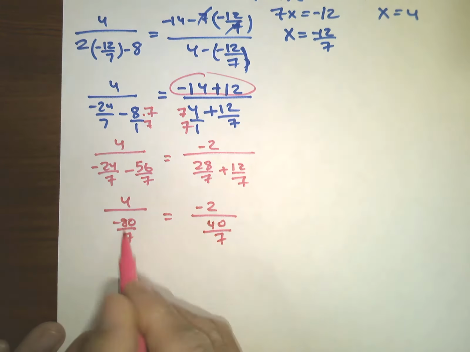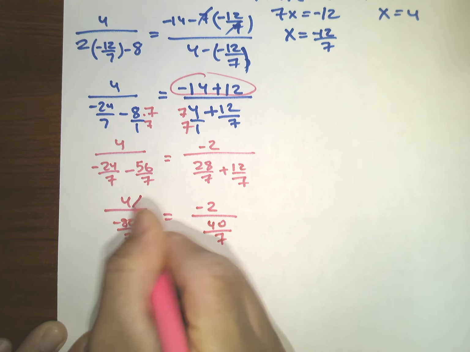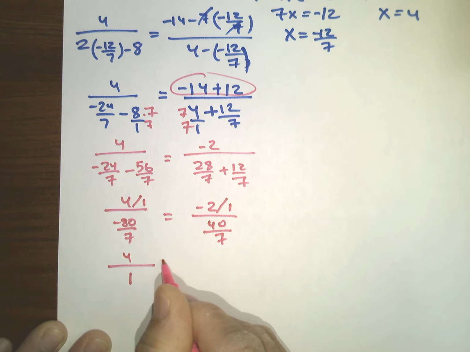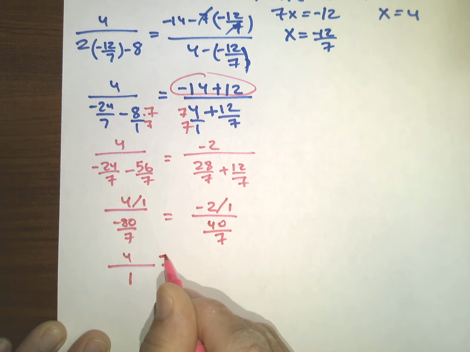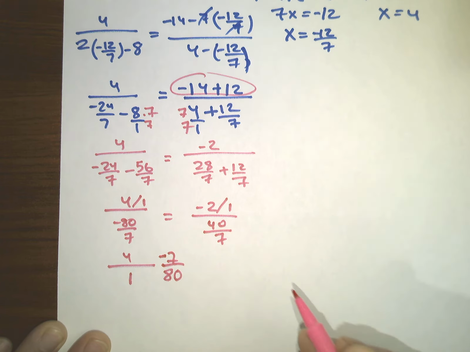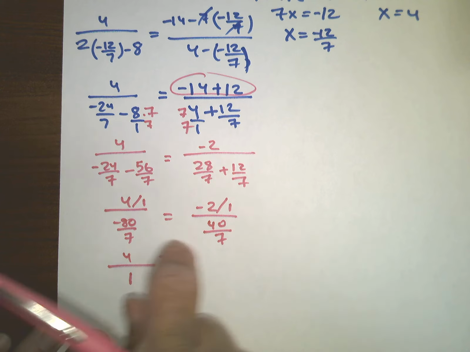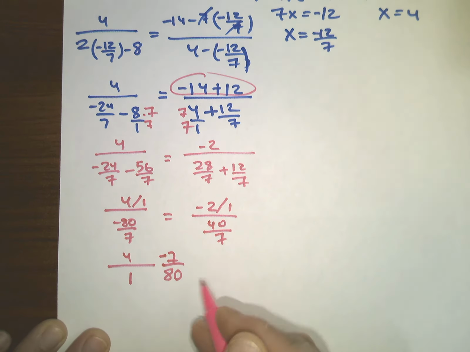Now here I multiply by the reciprocal, so 4 over 1, negative 2 over 1 times 7 over negative 80 or negative 7 over 80, either way is okay.